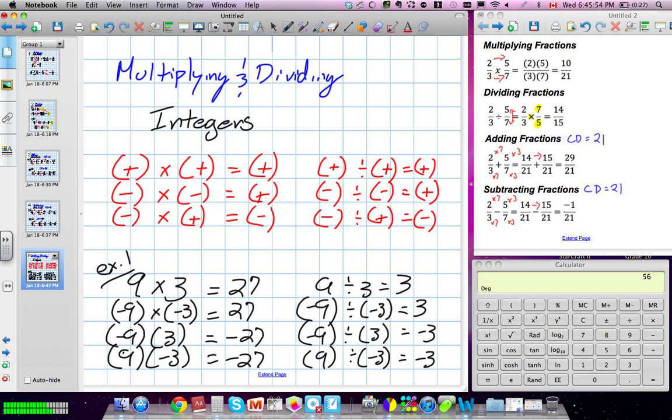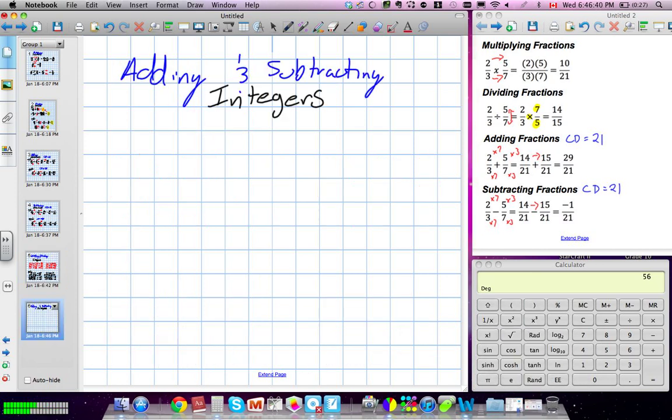So we've done that. Now adding and subtracting integers is very different. We could write rules, but the way I want you to remember this is by keeping these in mind. Remember those rules there. We're going to make up some questions.